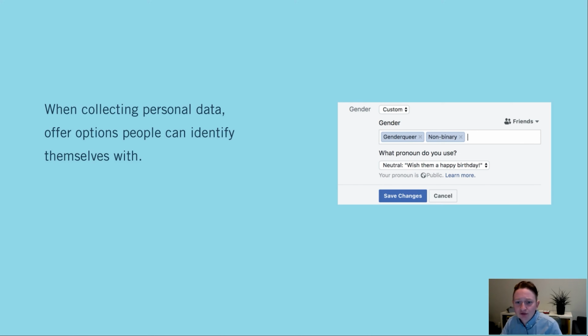In the gender field here, if you start typing, you will get a bunch of suggestions, and they have a very extensive list of options that cover a variety of gender identities. And they also allow you to pick more than one. The way they ask this question and the way they provide me with options to answer makes me feel seen, makes me feel understood, makes me feel like, oh, okay, these people are aware of how gender works. They are actually thinking about this stuff.